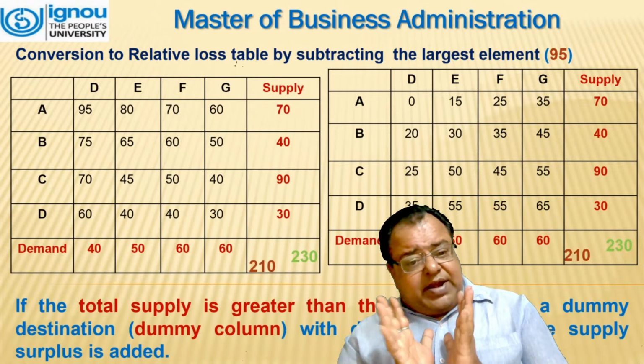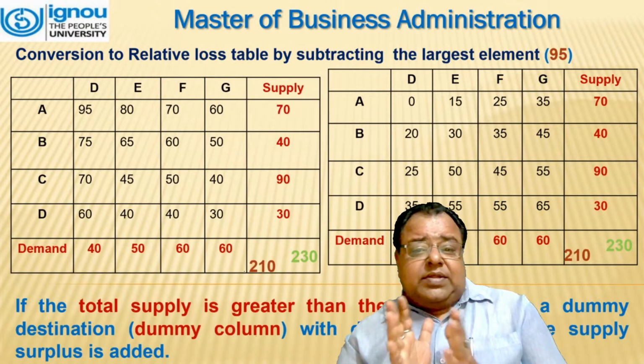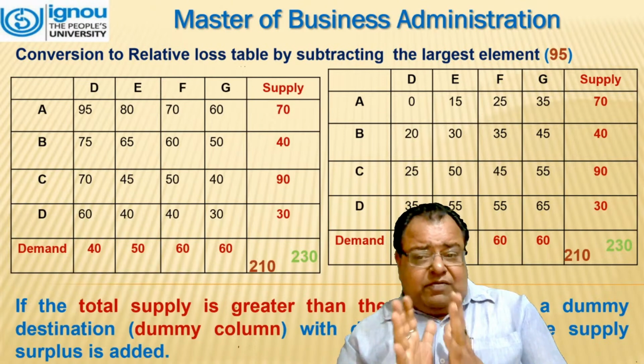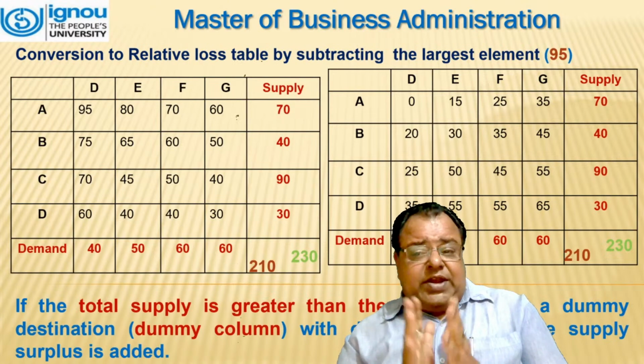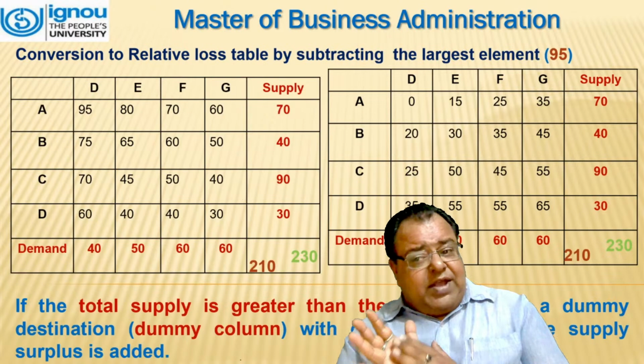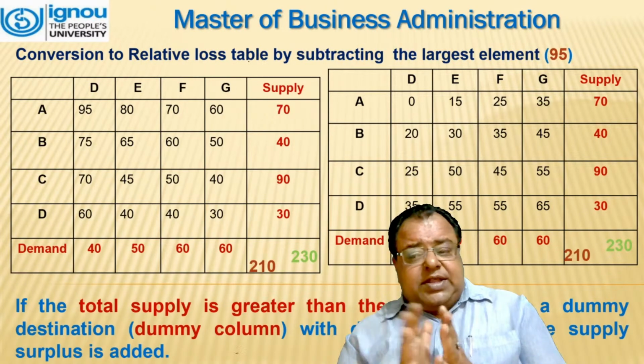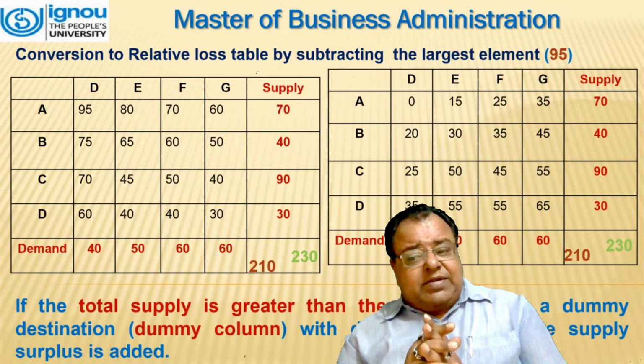So we will be subtracting all the values in the table from it. So we get the matrix, what we can see: 0, 15, 25, 35, 20, 30, 35, 45, 25, 50. This is the condition, and now we have a supply of 230 and a demand of 210.